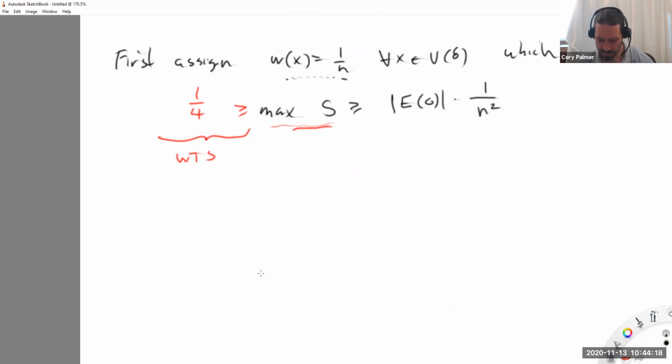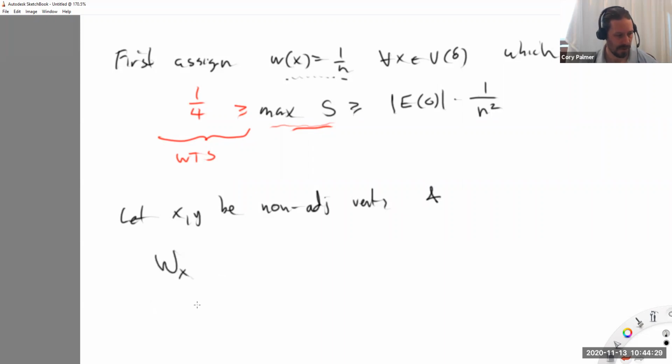Okay, so let x and y be non-adjacent vertices, and then we're going to compute big W sub x. So that's not the weight of x. This is equal to the sum of weights on neighbors of x.